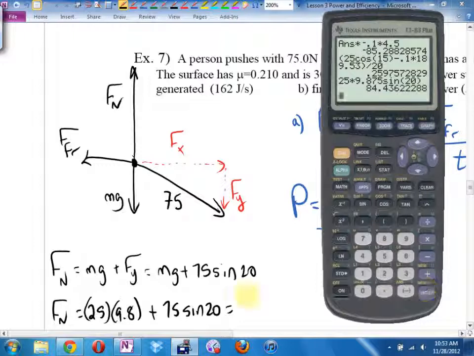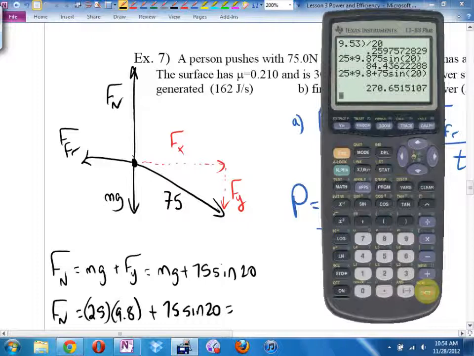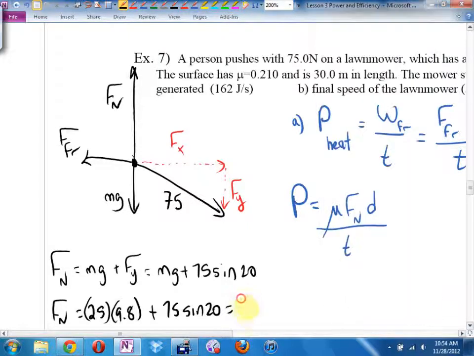I missed a plus sign, no kidding. I get a normal force of 270.65. Is that better? 25 times 9.8 plus 75. Josh, you got that? 270.65. I'll keep a few extra sig figs because that's not my final answer.